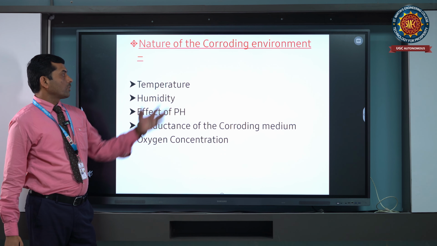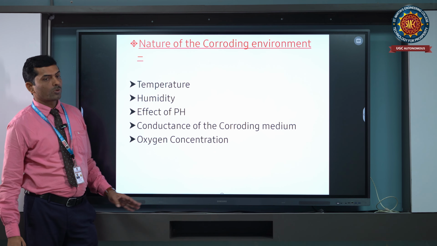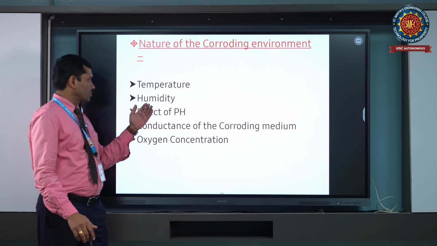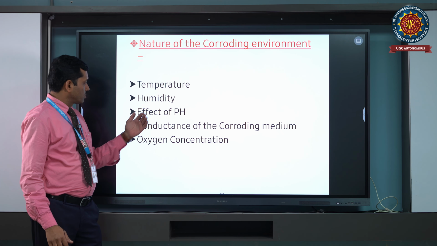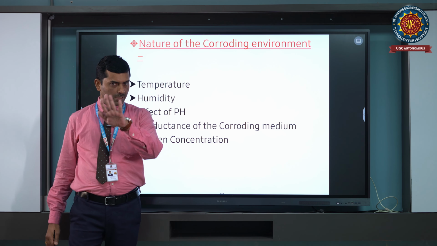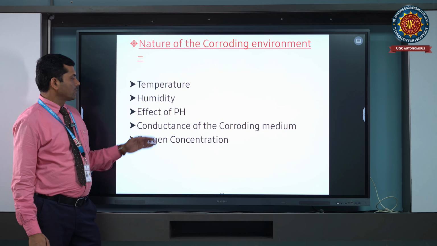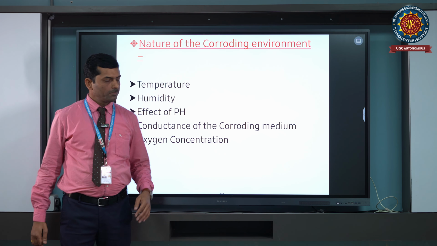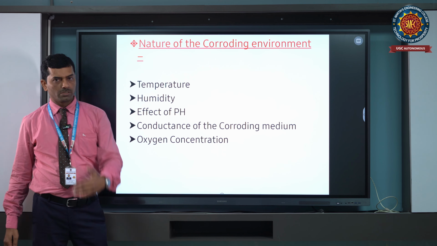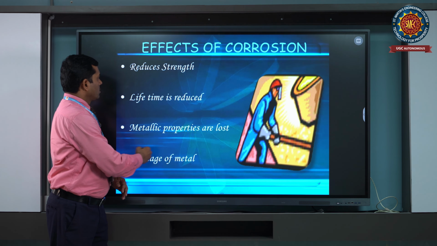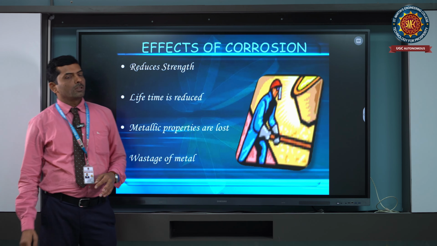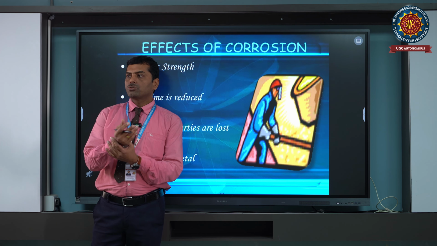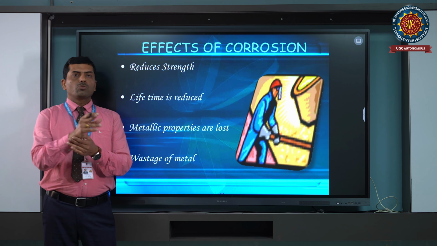So for the nature of the corroding environment, we have discussed temperature, humidity, the effect of pH whether acidic or alkaline medium, conductance of the corroding medium, and oxygen concentration. Now, what are the effects of corrosion? Why should we discuss corrosion?